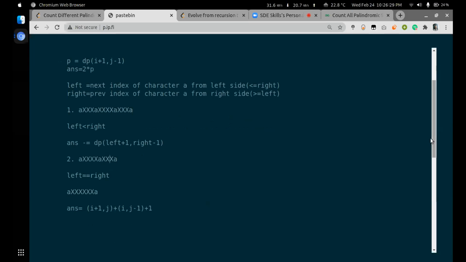So when left is equal to right, there won't be any repeated ones. In this case, I have to add one, I guess, to the answer. Or two. I should have one.